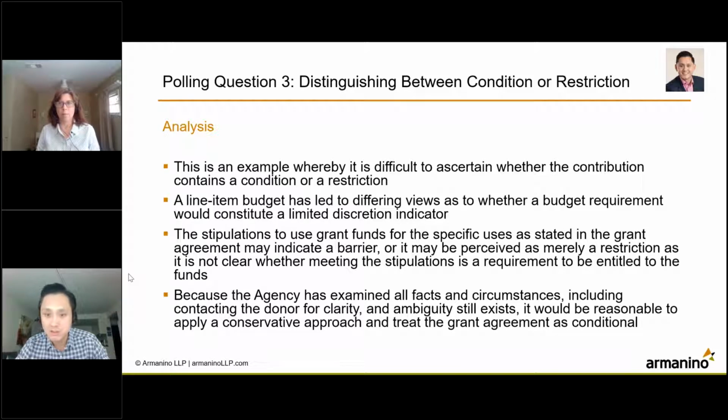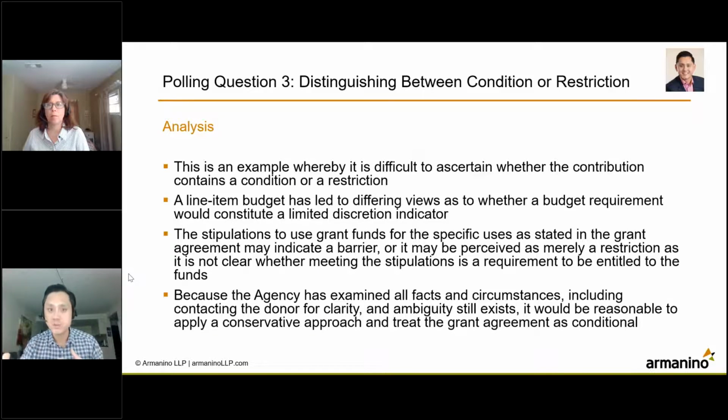So the recommendation is to examine all the facts and circumstances, contact the donor for clarity. Also look at how your similar grants have been treated with the foundation. Have you had situations where they've had a very stringent budget, and if you spent outside those budgets, you had to actually return the funds? If so, that might be an indicator that that budget is a barrier for entitlement.